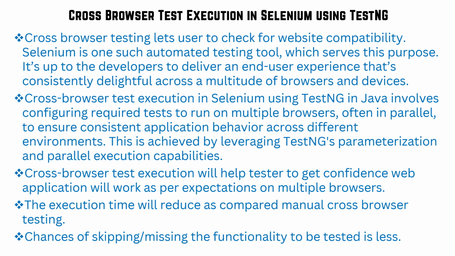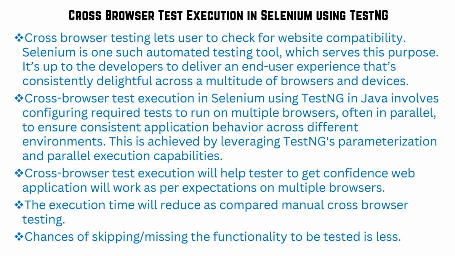Cross-browser testing lets the user check website compatibility. Selenium is one of the automated testing tools which serves the purpose. It is up to the developer to deliver an end-to-end user experience that is consistently delightful across multiple browsers or devices. Cross-browser test execution in Selenium using TestNG in Java involves configuration that requires tests to run on multiple browsers, often in parallel, to ensure consistent application behavior across different environments.